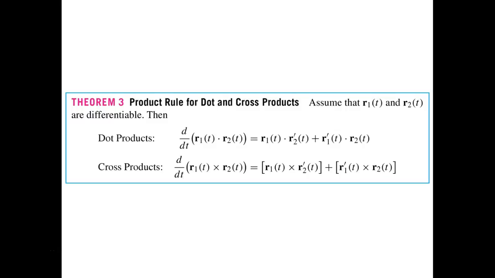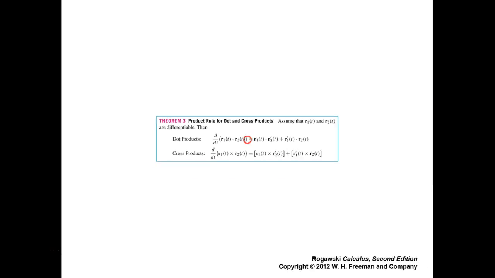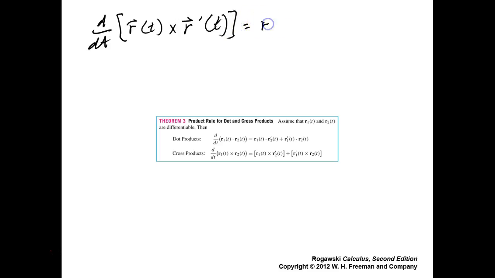So let's do example 4. I don't think there's a picture, so let's do it here. Prove the formula: d by dt of the bracket, R of t, because I have so many parentheses there, cross R prime of t, is equal to R of t cross R double prime of t.